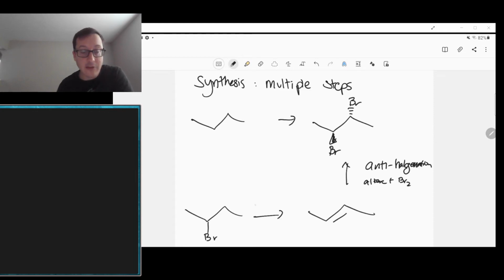We can do either E1 or E2. Probably better to go E1. The reason being is that we want the Zaitsev product, right? That's what we're looking at here. So let's go E1. So our reactants then are going to be a good base, protic solvent, heat.